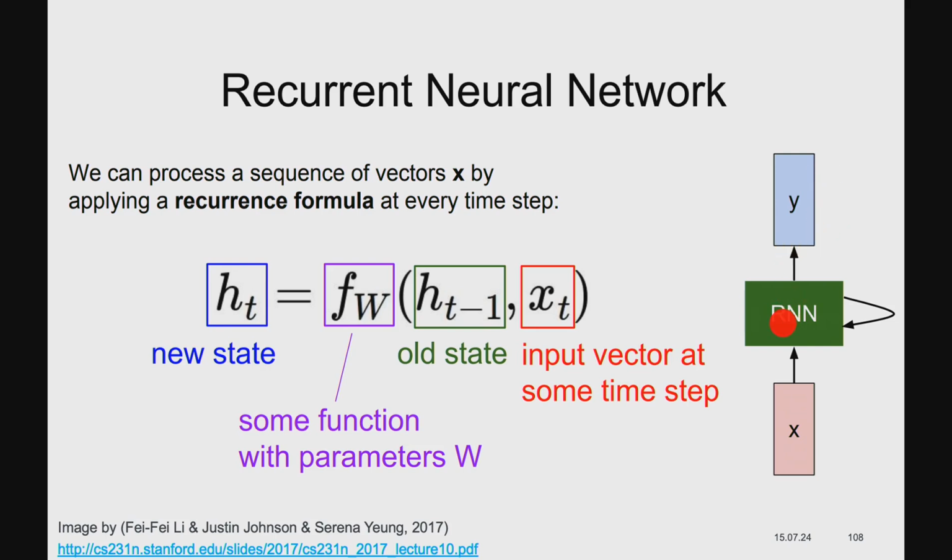But it also produces the h1, and the h1 is forwarded recursively. So if x2 comes here, the network looks at x2 as well as h1 and produces the next output. So here you see this new state h2 depends on h1 and x2.